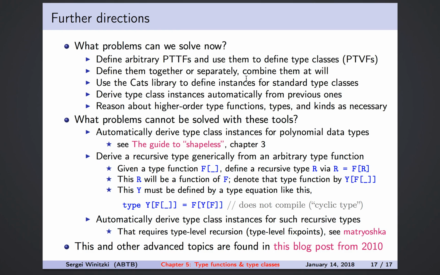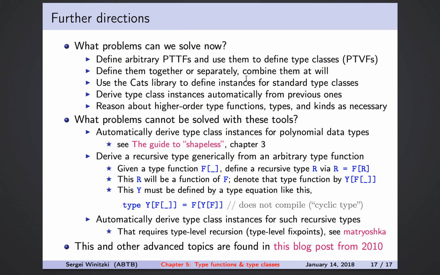One of these things is to derive type class instances automatically for polynomial data types. That is, the case classes, sealed traits with disjunctions, and case classes with data in them. Although the Curry-Howard library can do this in some cases, it cannot do this in all cases, and we cannot do this automatically by implicit defs either.